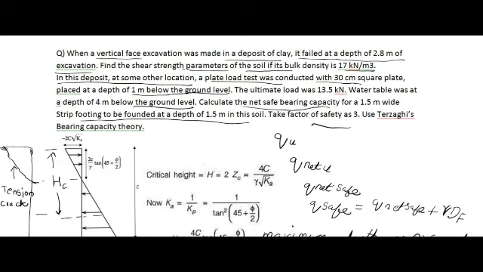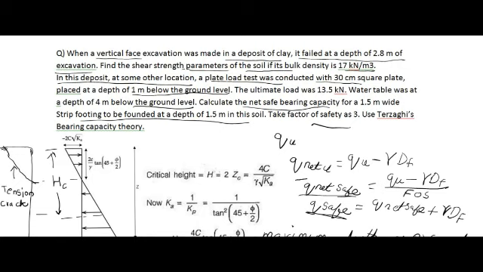If in the problem they are asking for the net safe bearing capacity, they don't want Q safe, they want this net safe bearing capacity. Q net ultimate can be calculated as Qu minus gamma Df, and Q net safe is calculated as Qu minus gamma Df, that is Q net ultimate, divided by the factor of safety FOS.